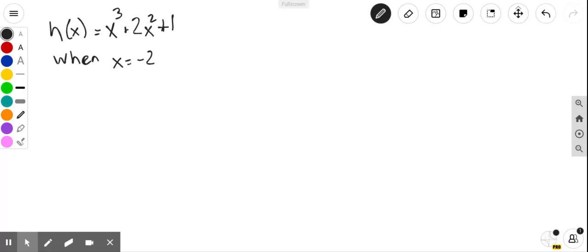So, by this point, you should be trying out the second page of the packet, where you have the function evaluated at an x value of a point, the formal limit, and then the alternative limit. Let's make sure we understand what I'm asking for.